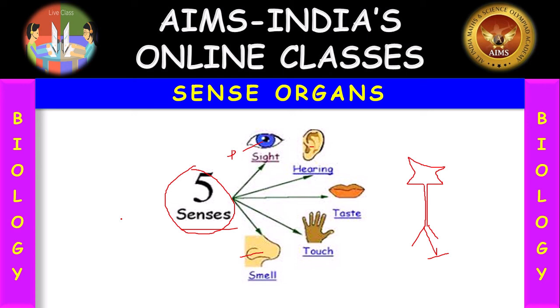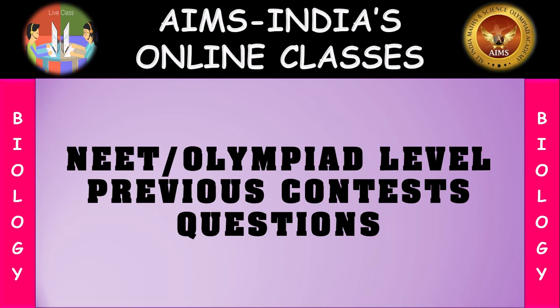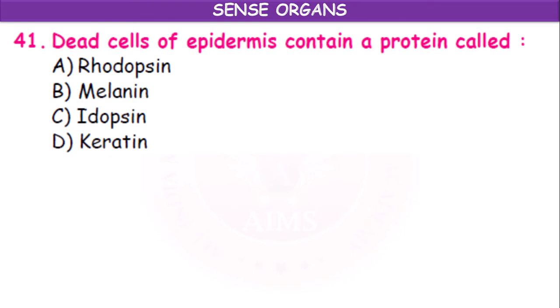Okay children, let us proceed to the assessment 2. Are you ready children? Let us proceed. The dead cells of epidermis contain a protein called rhodopsin, melanin, iodopsin, keratin. What is it?